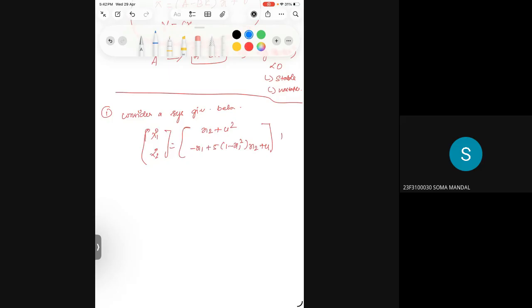First question is to find the equilibrium point of the system.